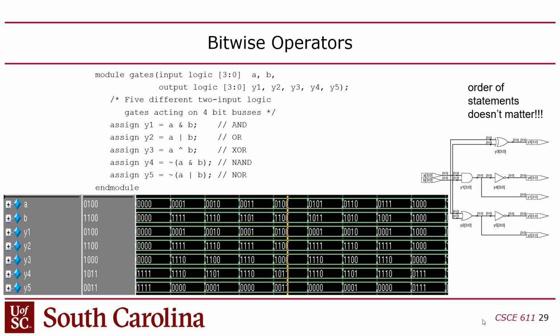And notice here that in this case, I'm declaring this as an input in the module, but of course you could also use this logic [3:0] to declare an internal signal as well. But because I said logic [3:0] A, B, B is going to inherit the type from A. So A and B are both 4-bit signals, and then likewise I have 4-bit outputs here, 1, 2, 3, 4, 5 of them, right?